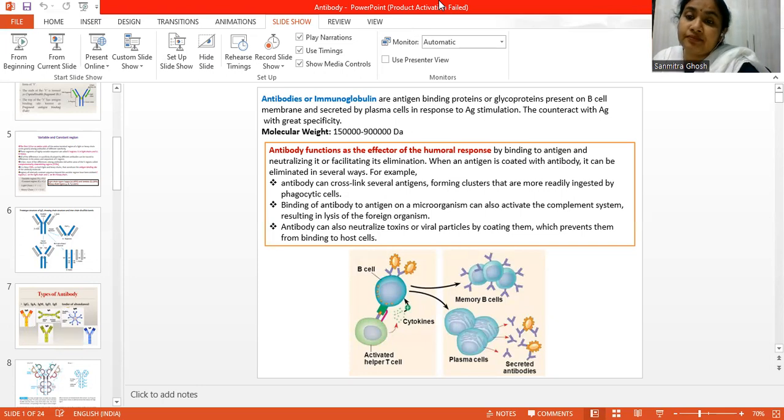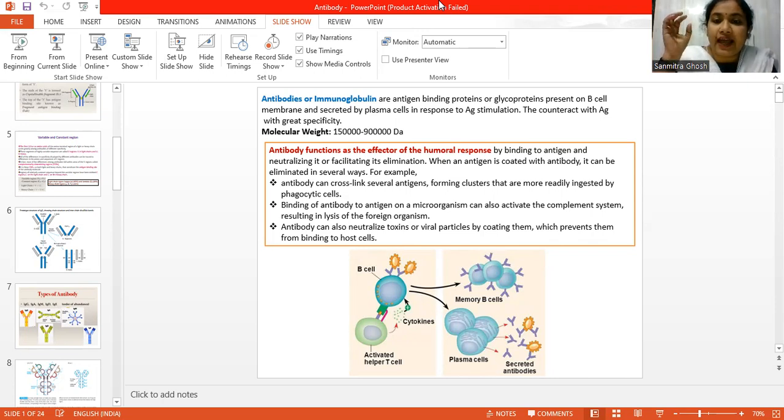with the antigen, at that time there is genetic rearrangement in the genes encoding the immunoglobulins or the antibodies, and unique to that particular type of antigen which has come inside my body, a specific type of antibody will be synthesized.